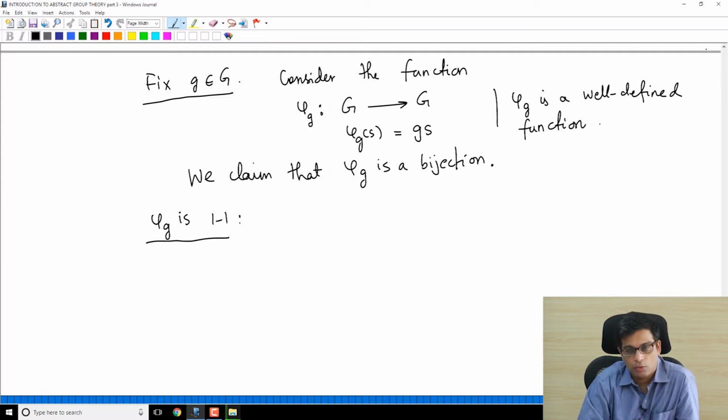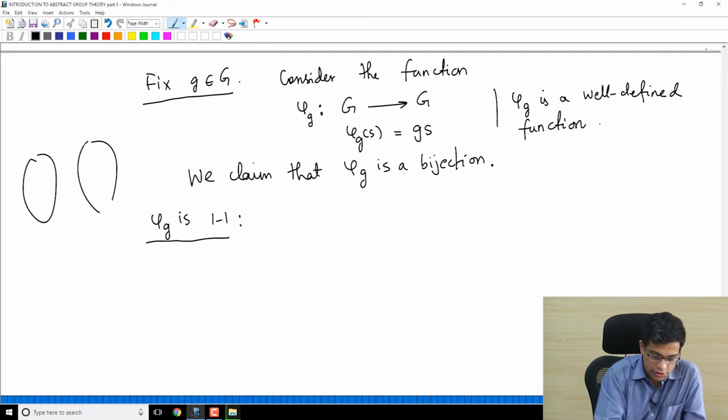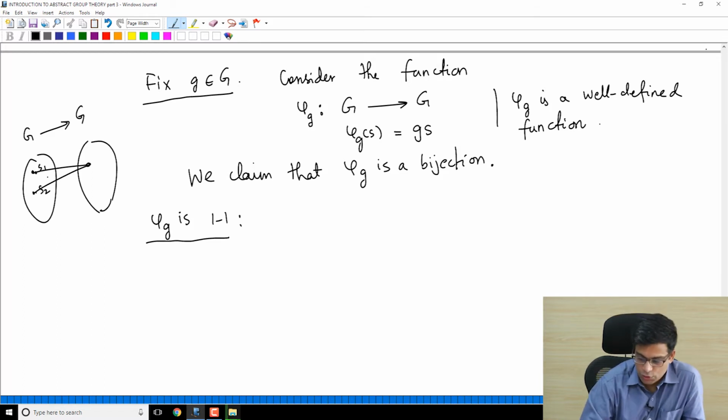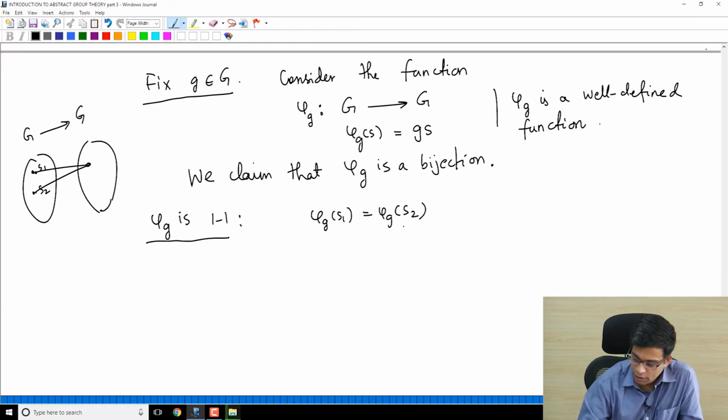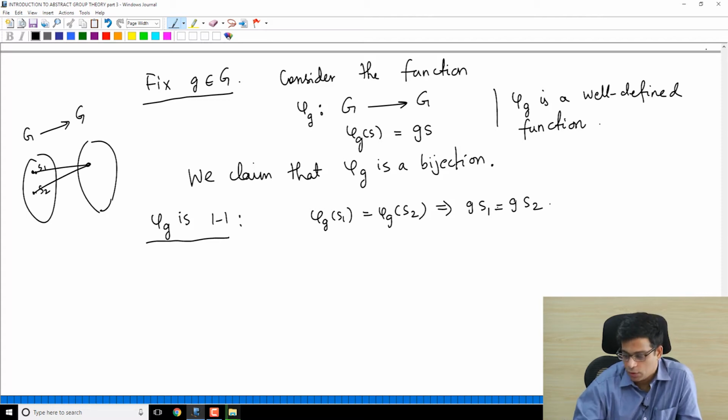So why is it 1-1? What is 1-1? 1-1 means, it is a function G to G, if s1 and s2 map to the same thing, then s1 and s2 must be equal. So let's say phi g of s1 equals phi g of s2. Suppose that happens. This implies, what is phi g of s1? That is gs1. What is phi g of s2? That is gs2. gs1 is equal to gs2.